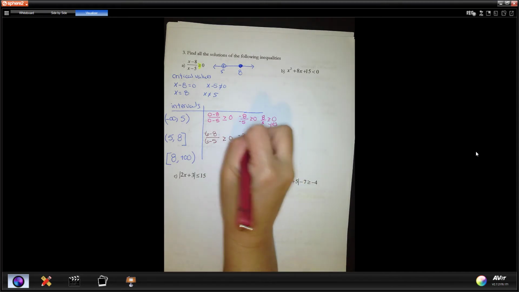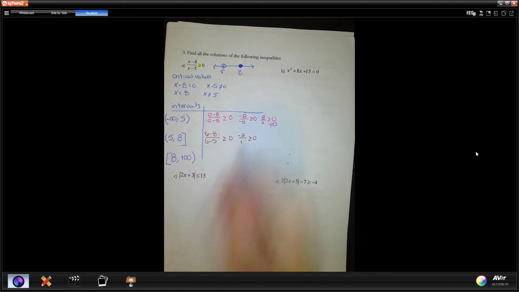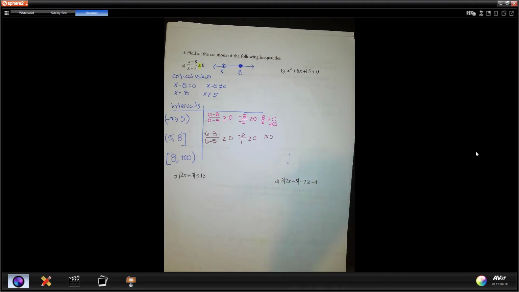So negative 2 over 1, is that greater than or equal to 0? That is no. And if we remember, these should potentially alternate. So if this one's yes, this next one's no. So our last one should be yes.